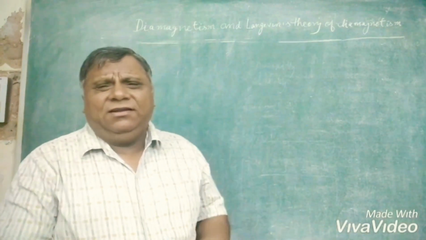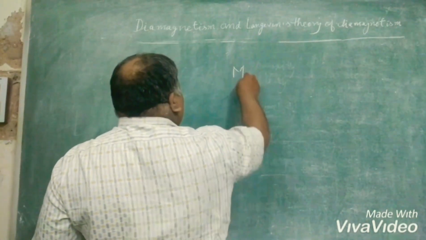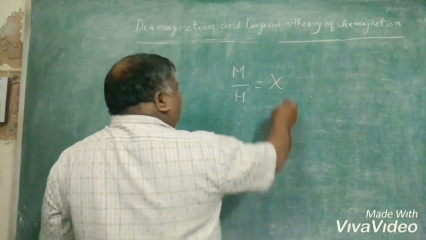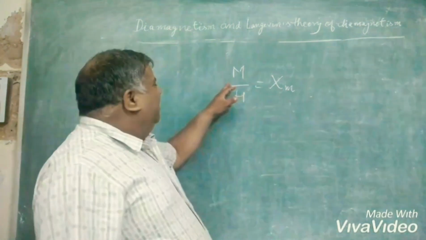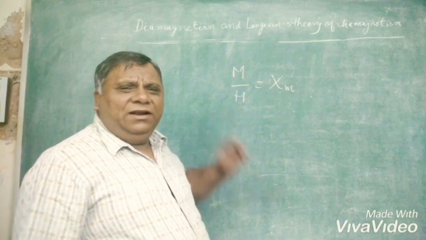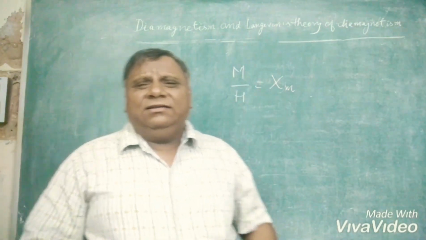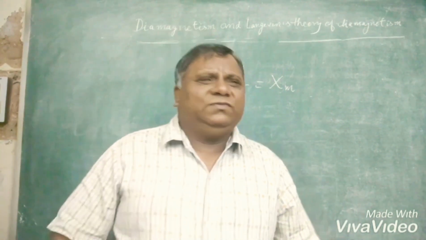Magnetic susceptibility, chi m, is the ratio of magnetization to the field intensity H. Magnetization is defined as the magnetic moment per unit volume.